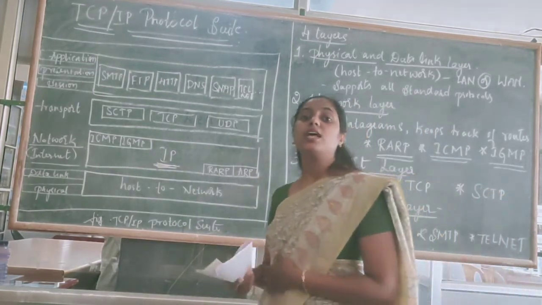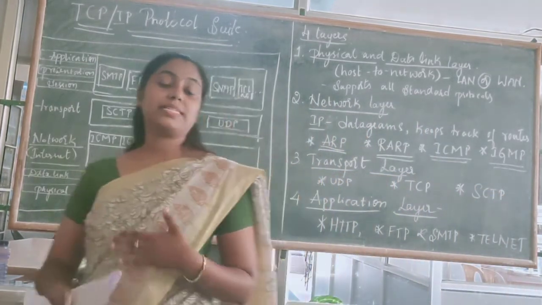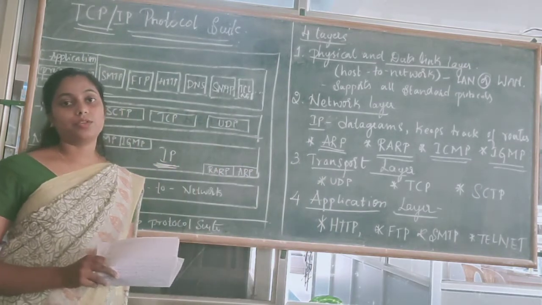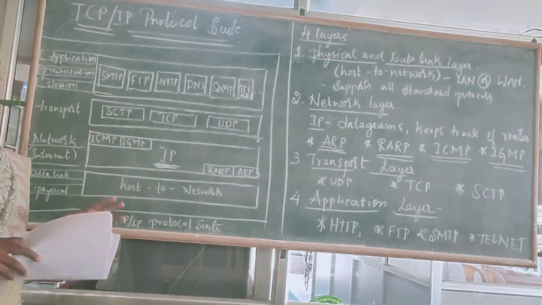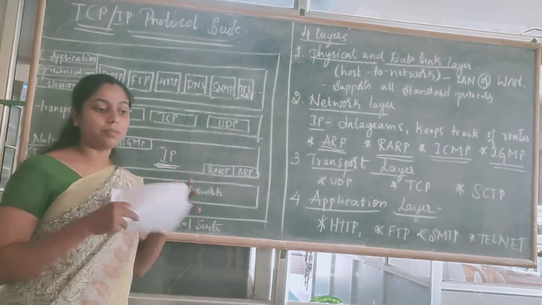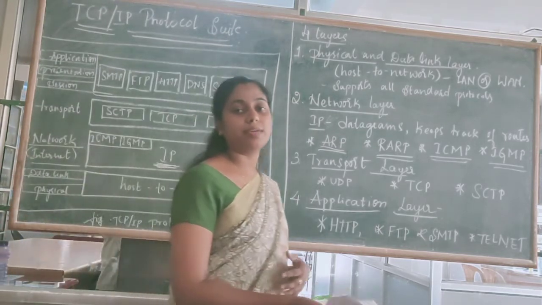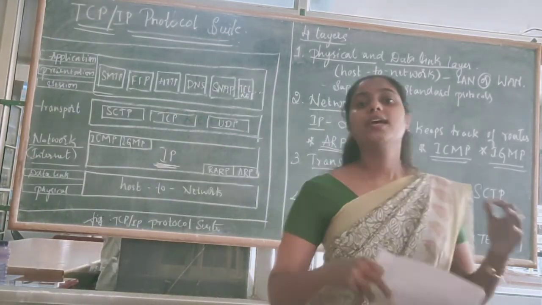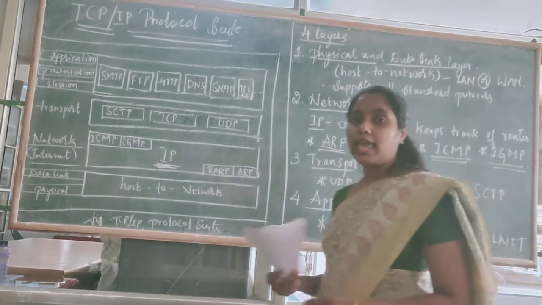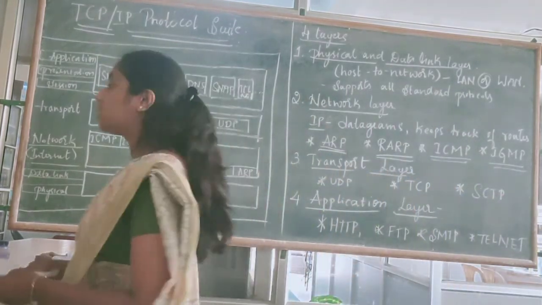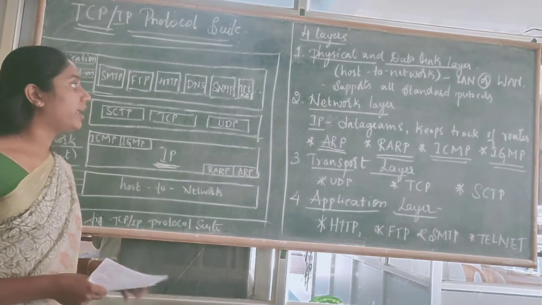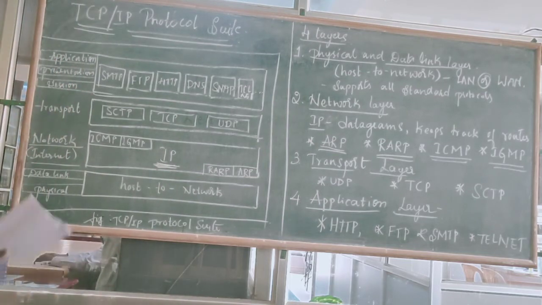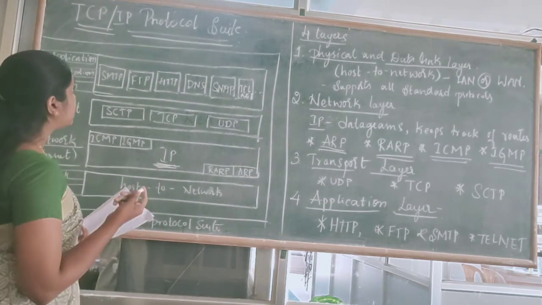It supports sending messages to a group of recipients. Okay, when we have to send a message to more than one person or more than one device, which protocol helps? That is IGMP. So this is about the network layer. Next, let's discuss the next layer in the TCP/IP protocol.